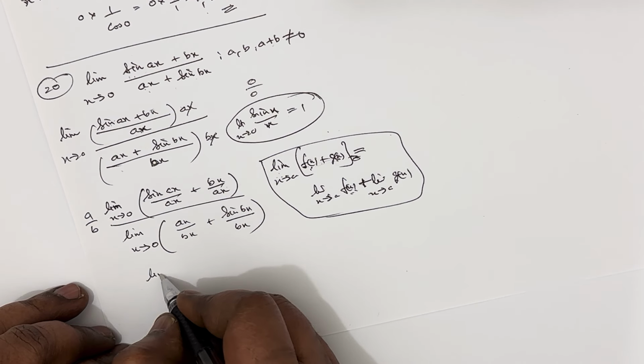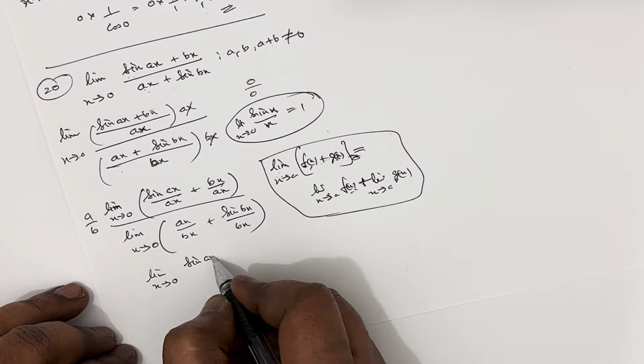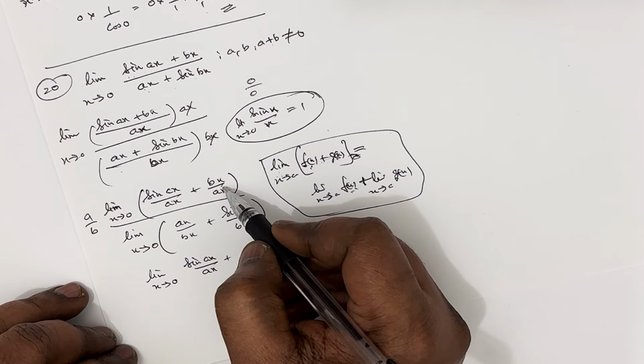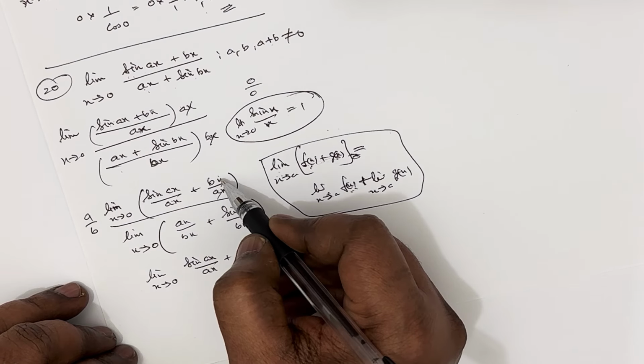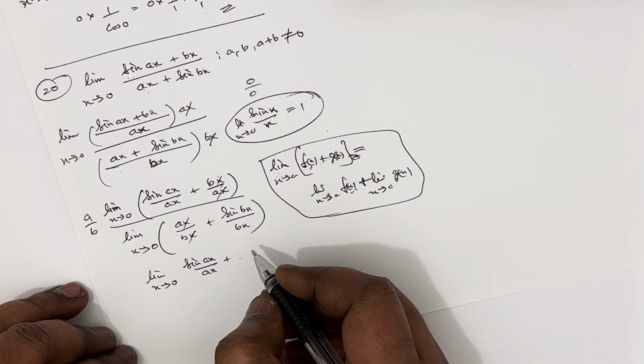It becomes limit x tends to 0 sine ax upon ax plus, now see, x and x can be cancelled out. Here this also can be cancelled out.